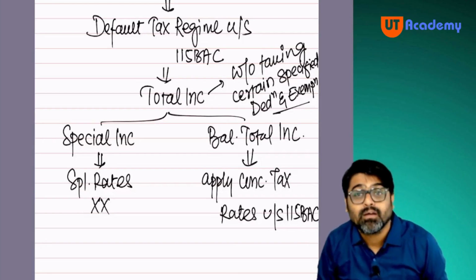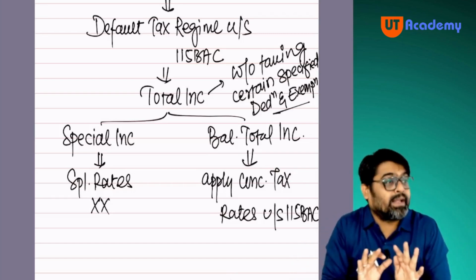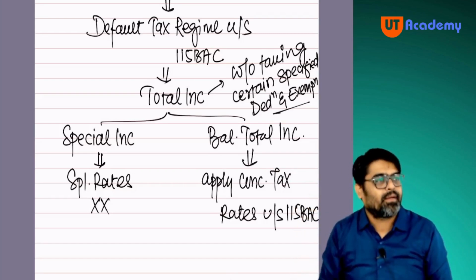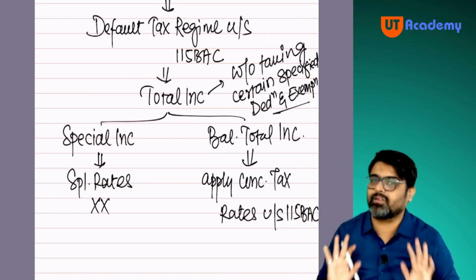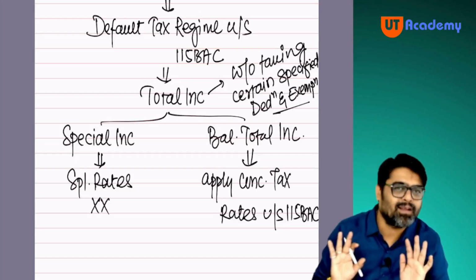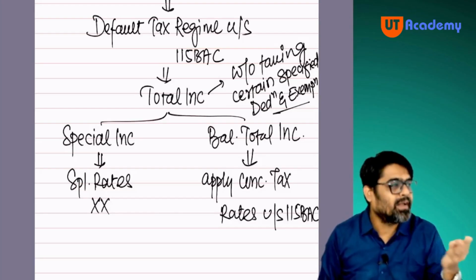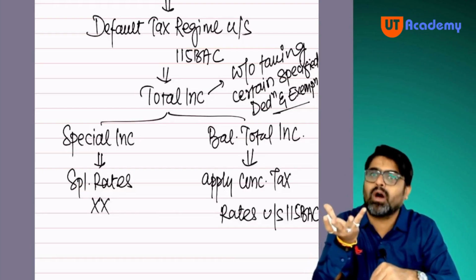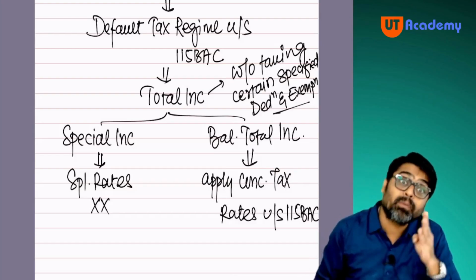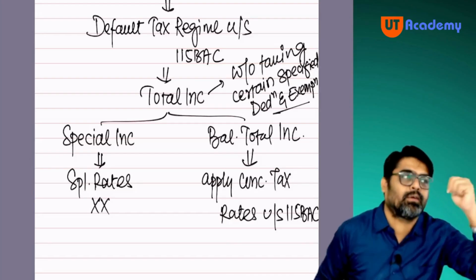Now on this total income, which you have calculated without taking deductions, you can apply these rates, which are concessional. Even if these rates are concessional, applying these tax rates on 25 lakhs of rupees of your total income, you will end up calculating tax which is more than 1,12,500.